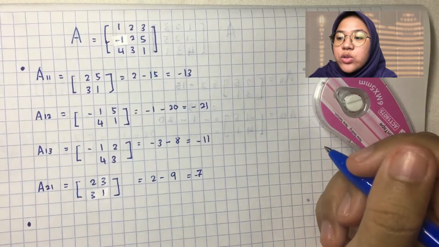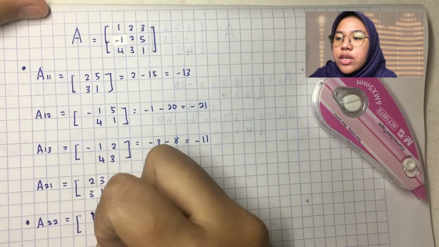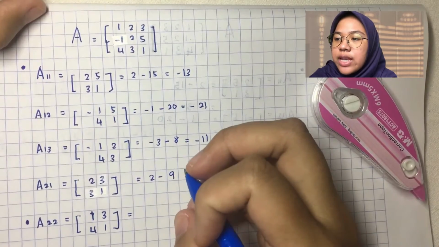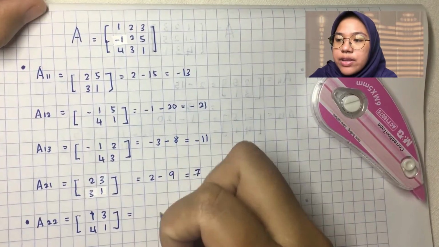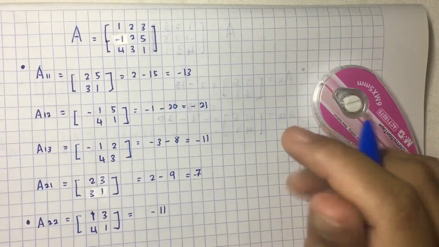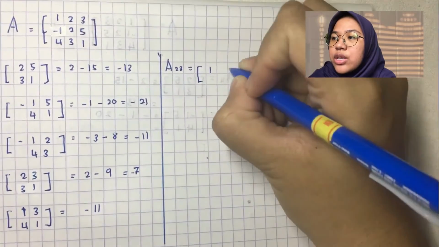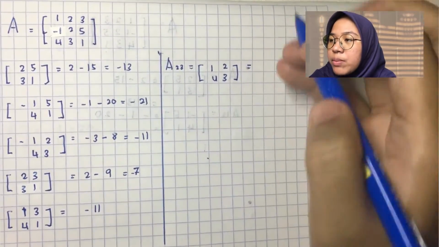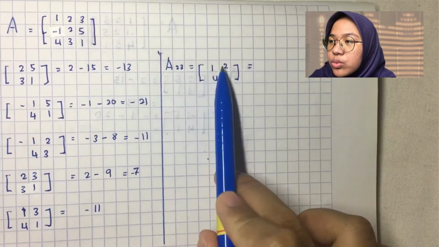For matrix A 2, 2 equal to 1, 3, 4, 1 equal to 1 minus 12, the answer is -11.